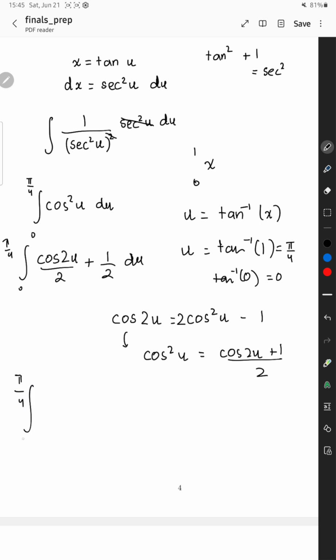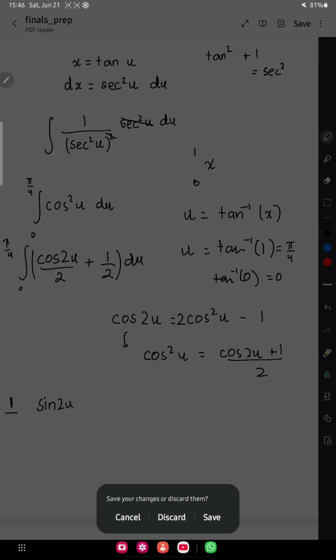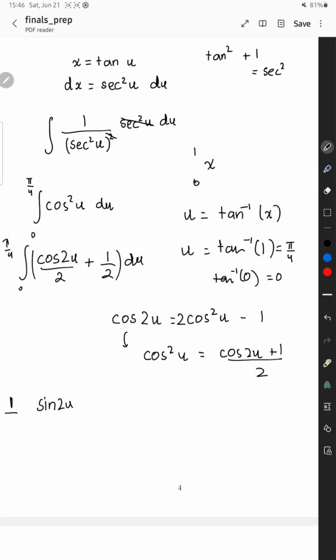Cos 2u would have an integral of sine 2u, and there's a factor of half already, and then another factor of half would come from substitution, right?